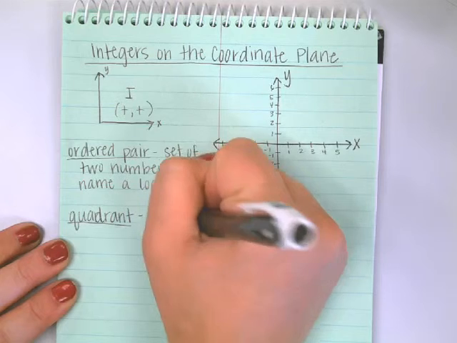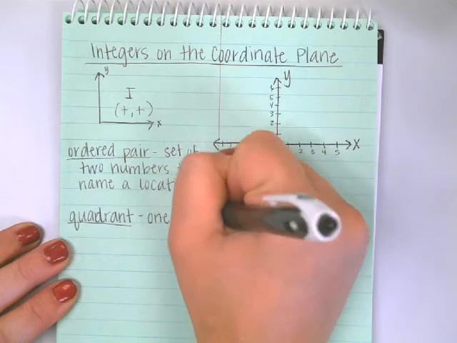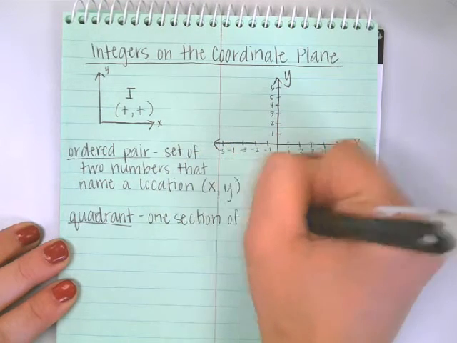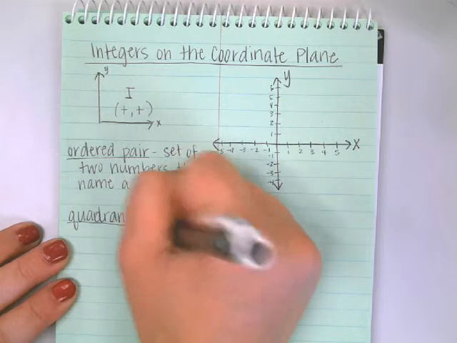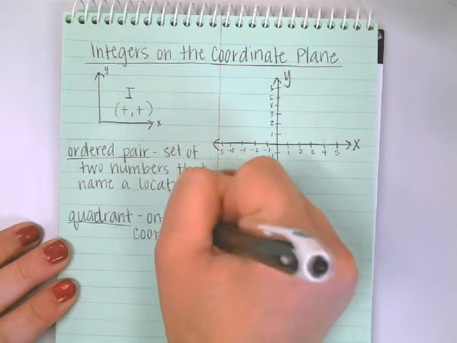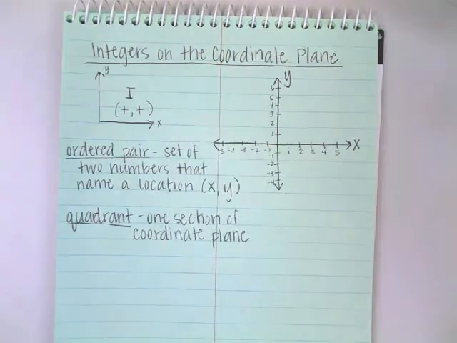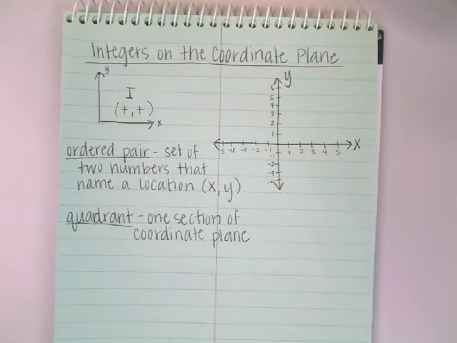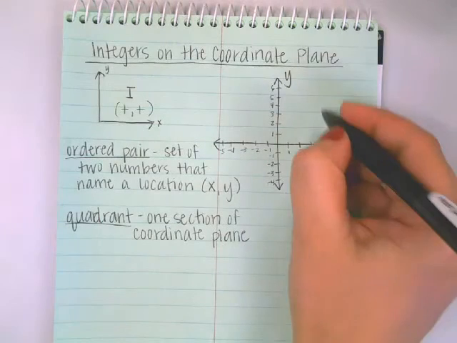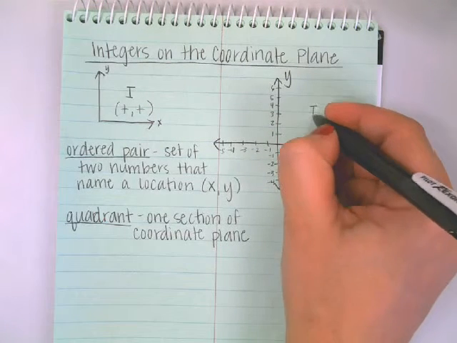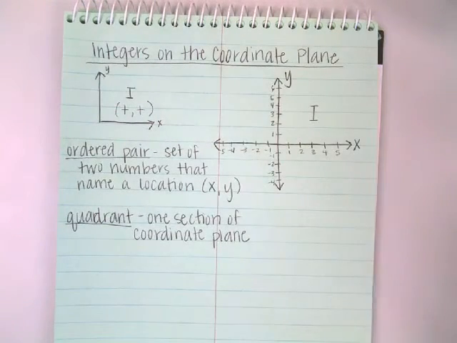Okay, it's one section of the coordinate plane. Now these quadrants are numbered, and as you go along further in your math career, they'll talk about points in certain quadrants.